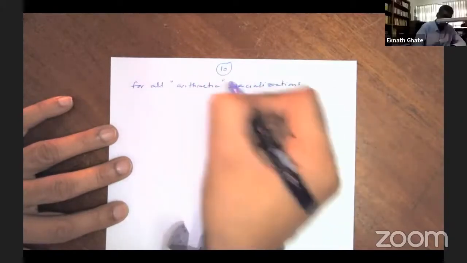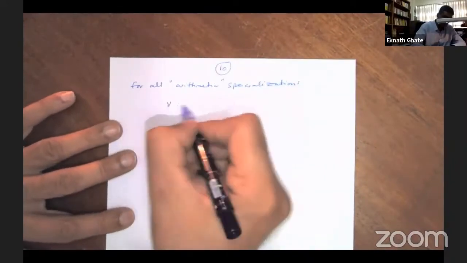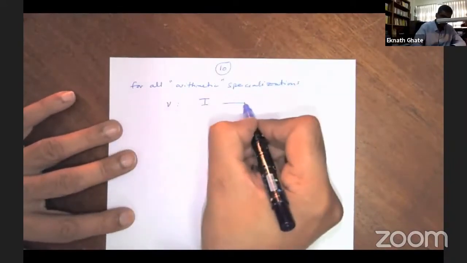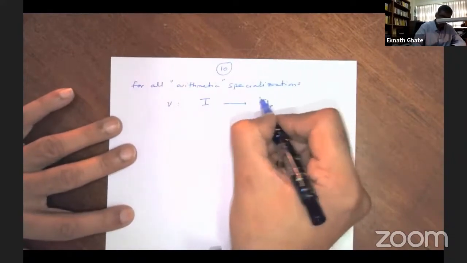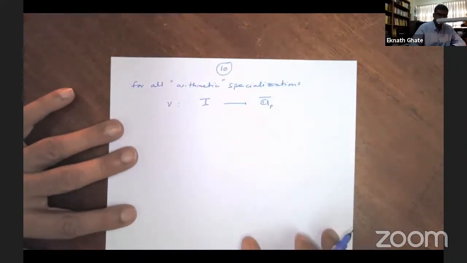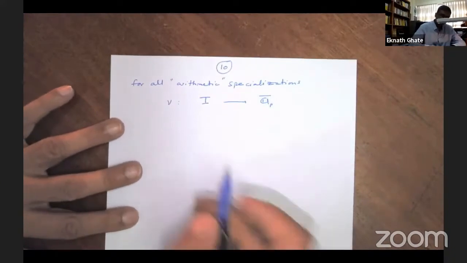so what does arithmetic specialization mean? This means that if you take a homomorphism, a Z_p-algebra homomorphism, from I to Q_p bar, which is of a very special kind.